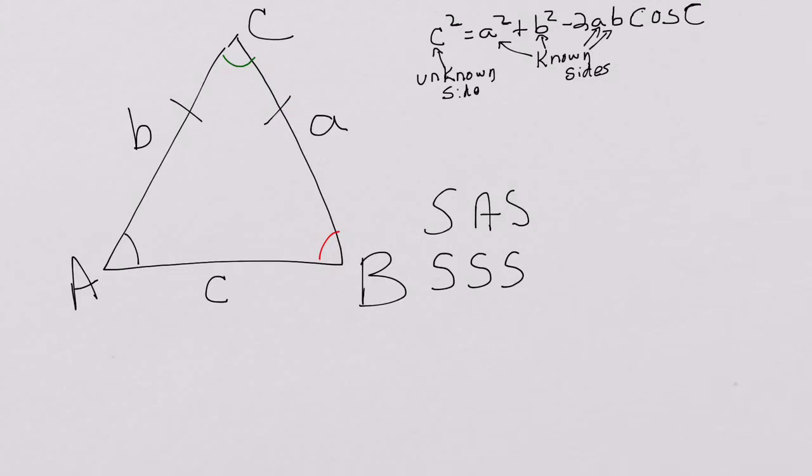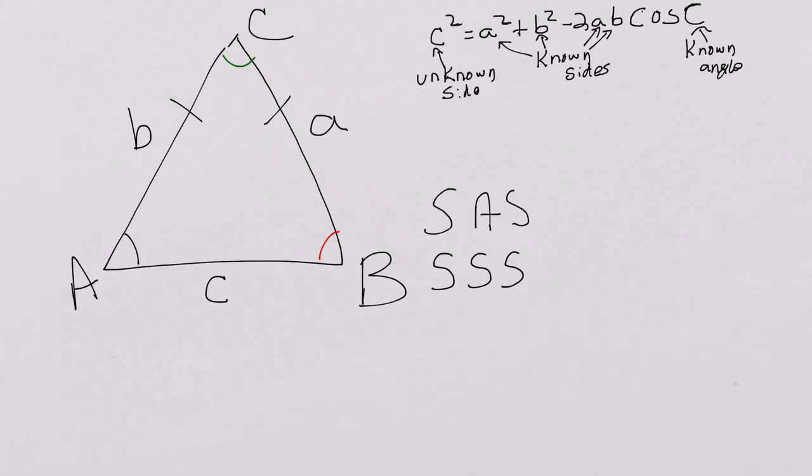The C right here is my known angle. So if I know two sides and I know the included angle, which is the angle sandwiched between those two sides on a side angle side triangle, then I can always find the other unknown side by using this equation.